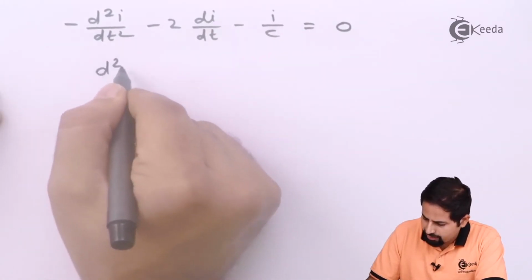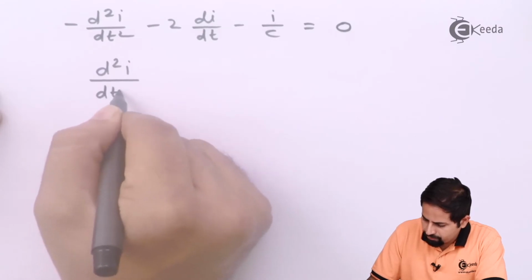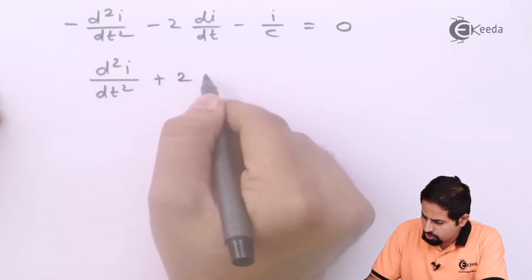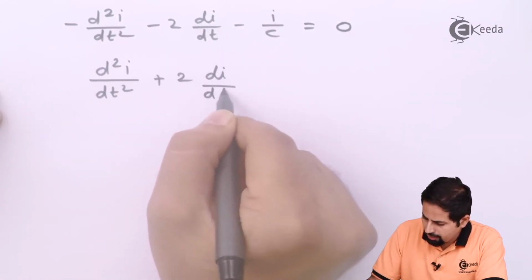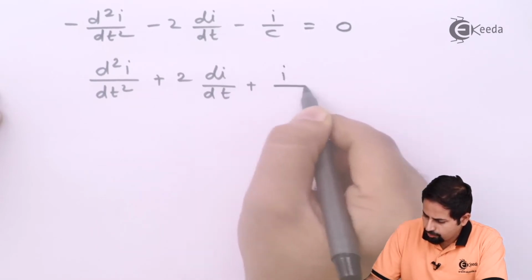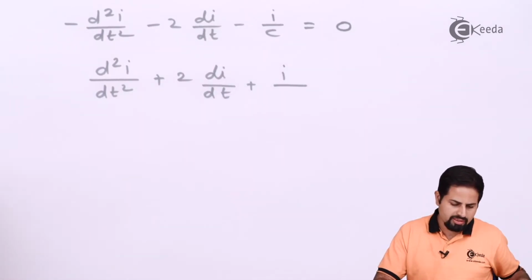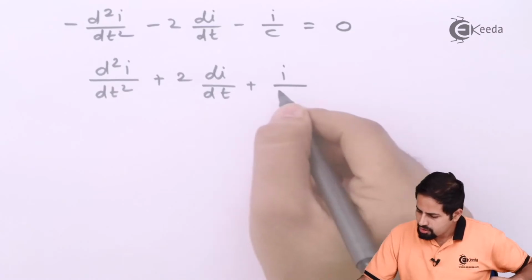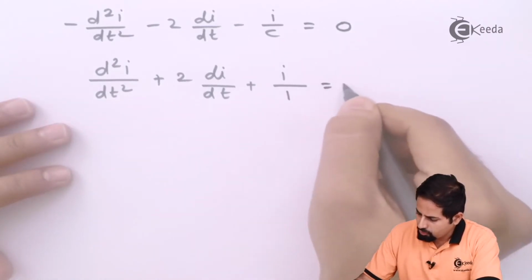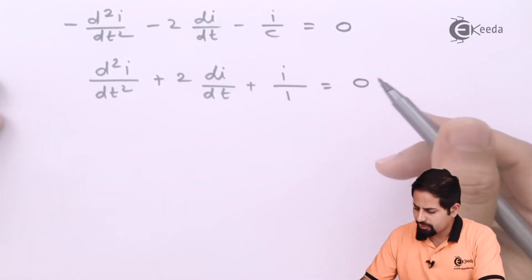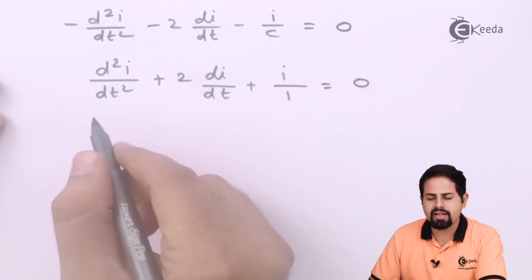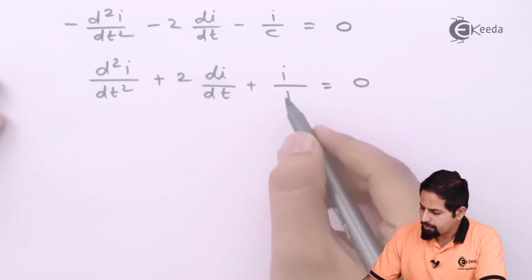So the equation I will get is d square i upon dt square plus 2 into di by dt plus i upon C. Now the value of C is 1 farad, so it is going to be 1, equal to 0.